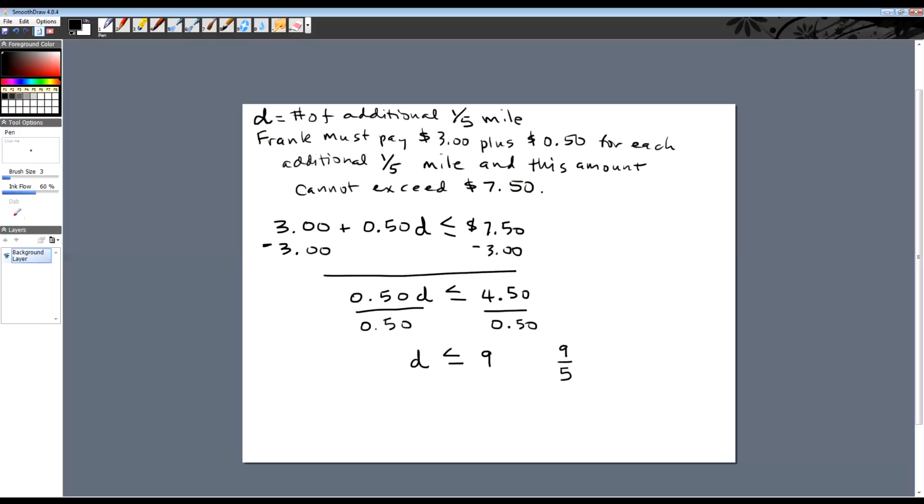So he can go 9/5 plus his original 1/5, which he paid for with the $3. This is 10/5 or 2 miles. So he can travel up to 2 miles with $7.50 in his pocket.